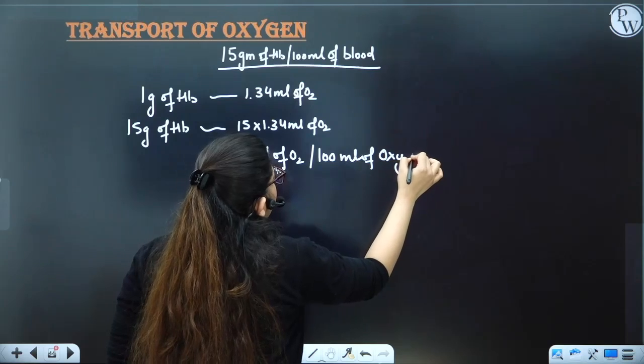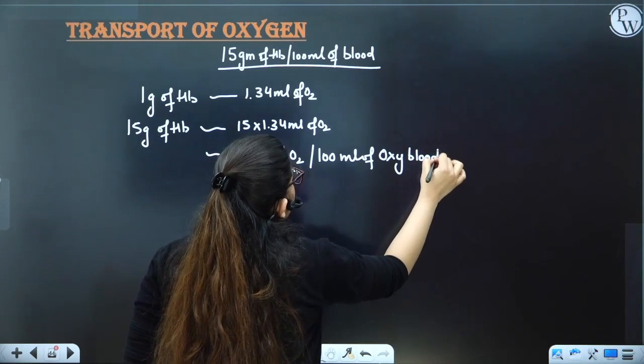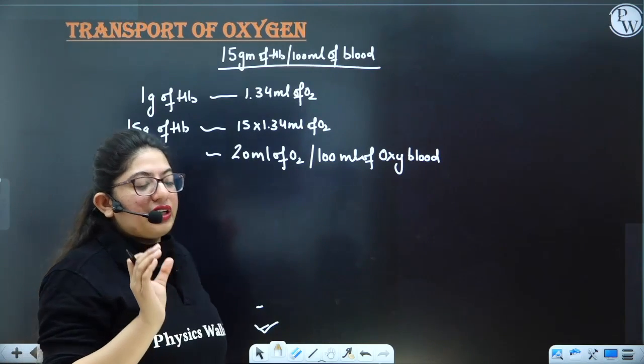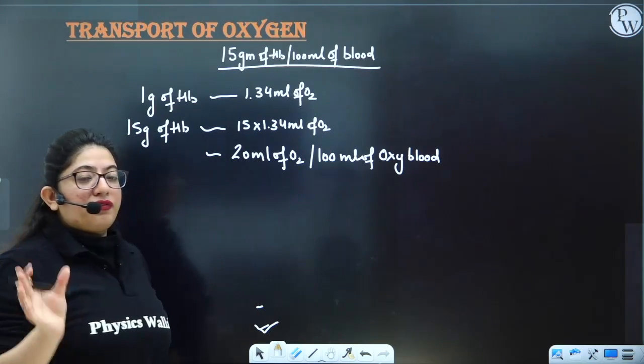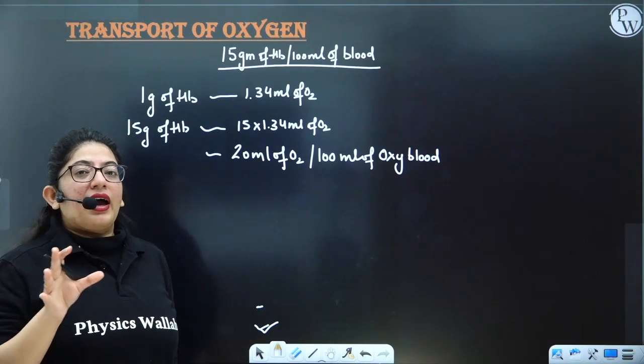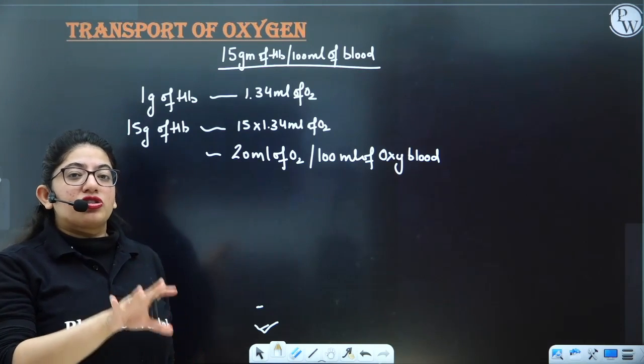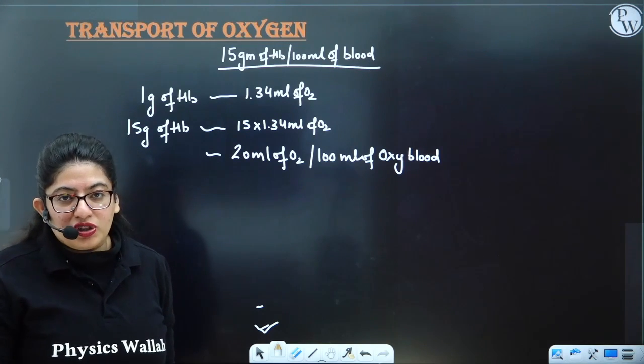Oxygenated blood, right? Why oxygenated blood? Because we are assuming this 15 gram is carrying the oxygen. So if 15 gram hemoglobin is present and 15 gram is carrying oxygen, the blood will definitely be oxygenated.